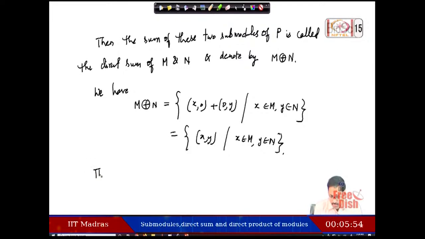The sum is direct in the following sense.